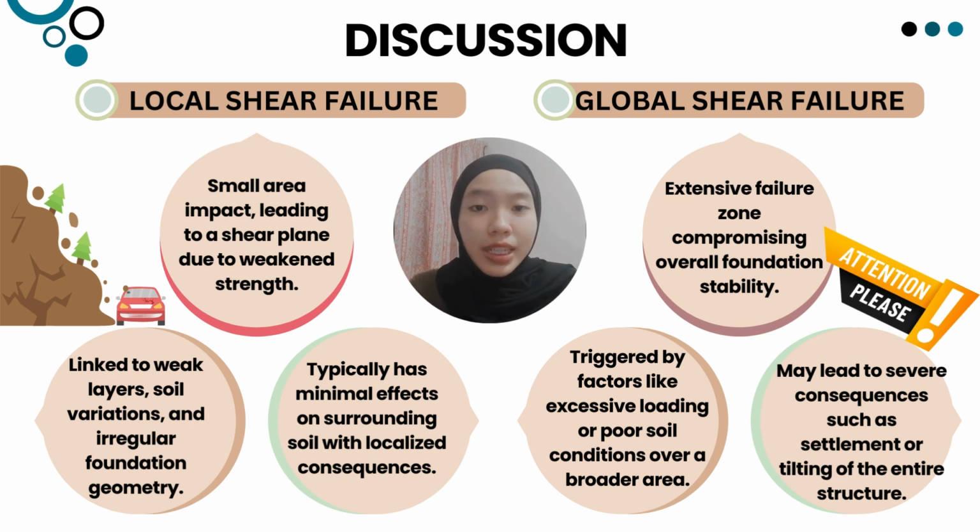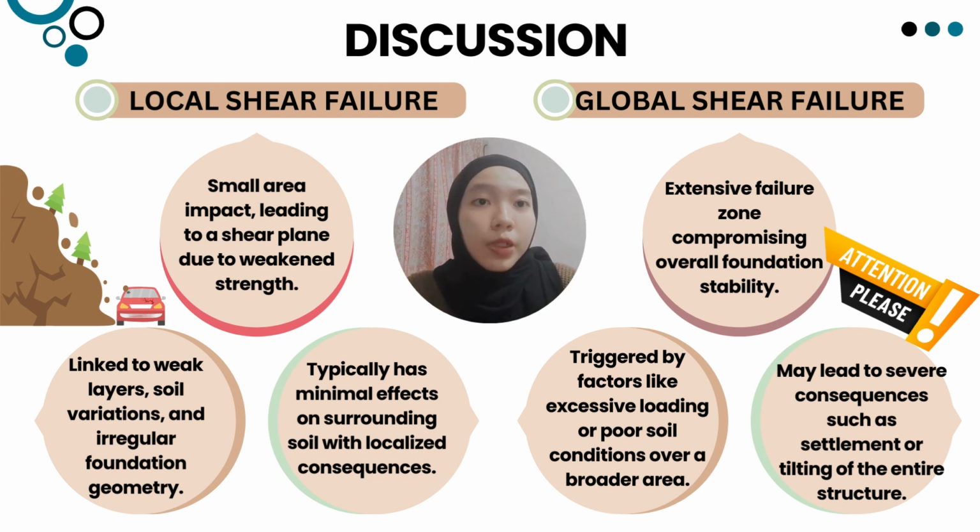The first characteristic of local shear failure is a small area impact leading to a shear plane due to weakened strength. The second is that it is linked to weak layers, soil variations, and irregular foundation geometry. The third is that it typically has minimal effects on surrounding soil with localized consequences.